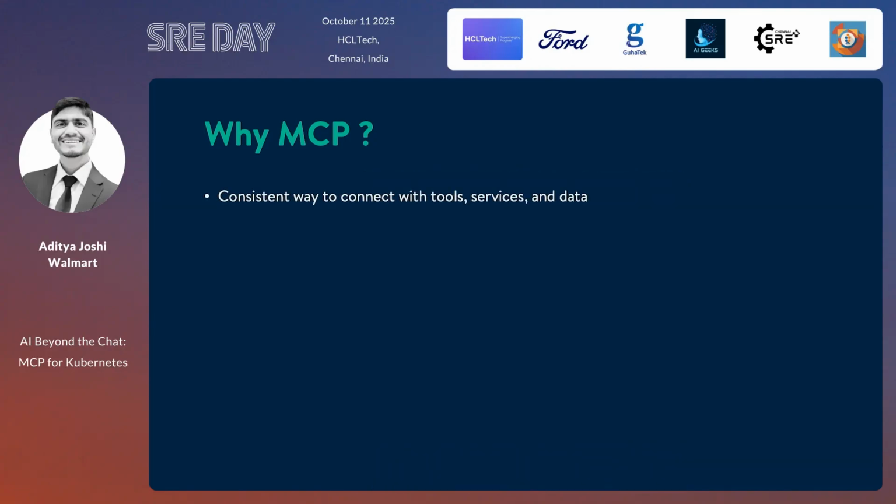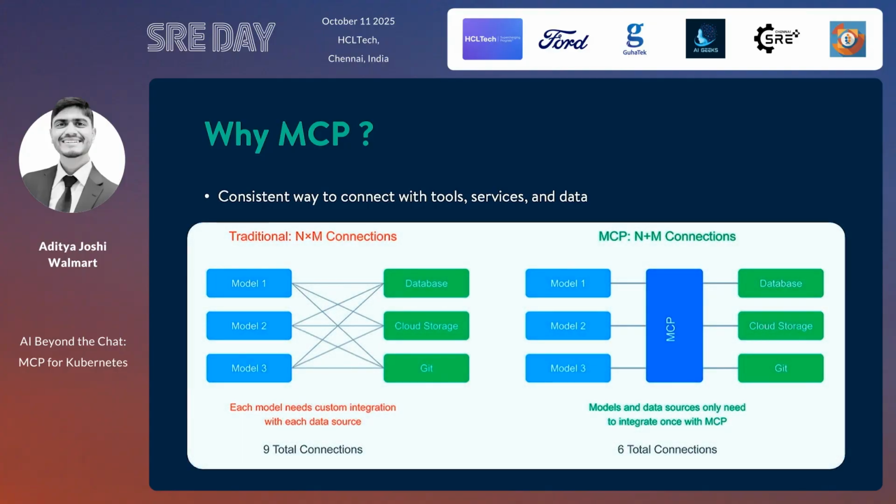It provides you a consistent way. Previously, without MCP, you used to have M-into-N connections, which means for a given model, you would write a separate implementation for a different system. Let's say you have model 1 and you want to integrate it with Git, you would write an implementation for how that model should interact with Git. If you have another model, let's say model 2, which wants to talk to cloud storage, you would write that integration.